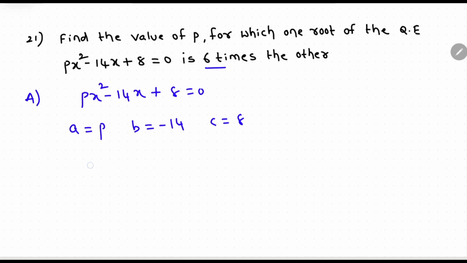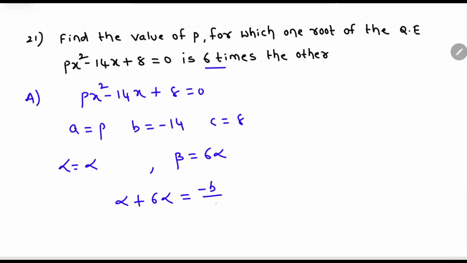So if I take one root as alpha, the first root is alpha and another root beta equals to 6 times the first one. So the first root is alpha, and for beta we are taking 6 into alpha. So the sum of the roots, alpha plus 6 alpha is equal to, what is the formula?